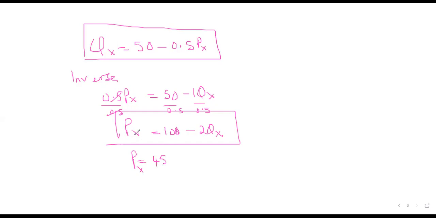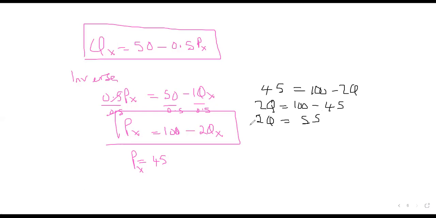So here, where this price, we put 45. So we literally start calculating. So we're going to say 45 is equal to 100 minus 2Q. When this one comes aside, 2Q is equal to what? 100 minus what? 45. Then you divide, obviously, we compute this side, we're going to have 55. And you divide both sides by 2.